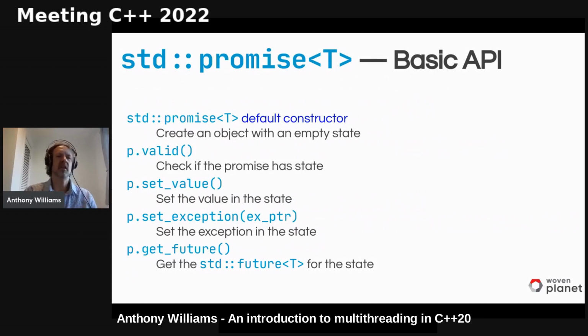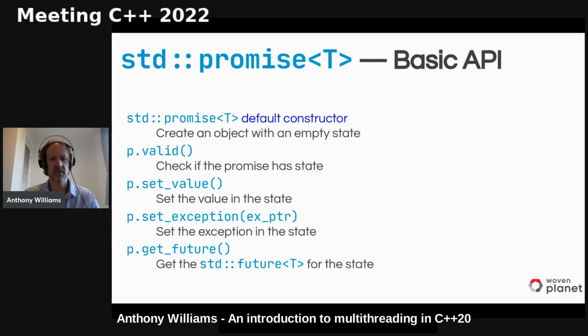So how do we get a future with any content? Well, one way is from a promise. And this time, if you default construct a promise, it has state. It is ready to take a value, and it's ready to give you a future. We can check whether it has state by calling valid. And we can obviously set the value. You can either explicitly set it as a value, or you can set an exception by passing in an exception pointer.